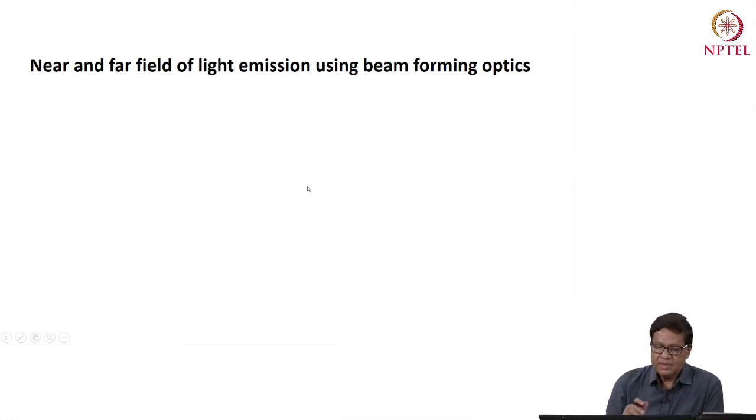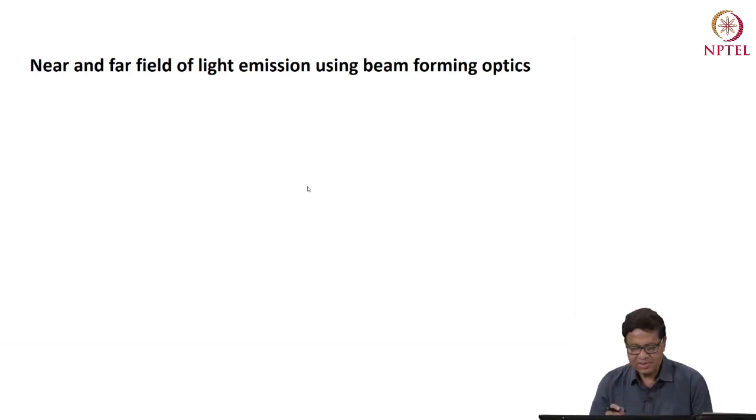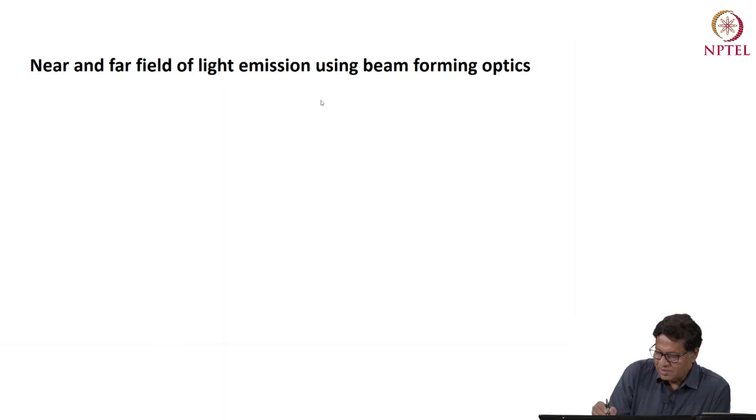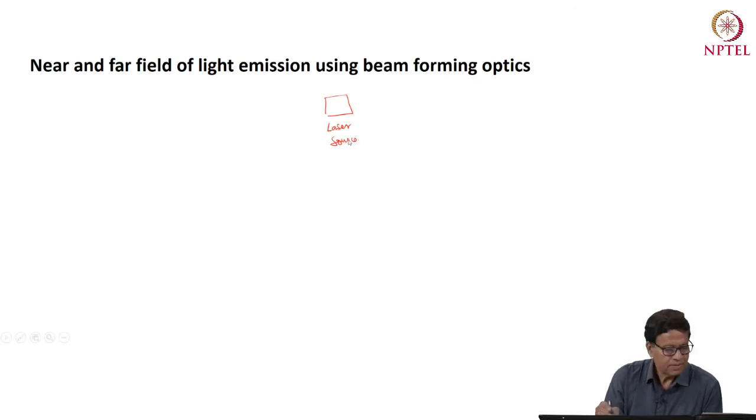So now let us understand the near and far field of light emission using beamforming optics, because I'm using a telescope or lens arrangement in the transmitter and the receiver. For example, this is your laser source, and you have a beamforming lens, or optics, here.